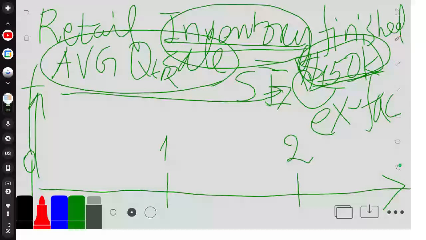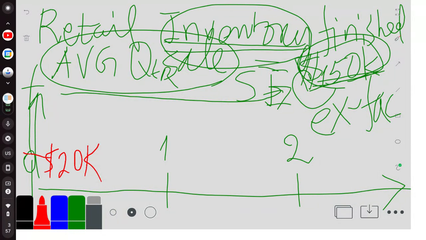So let's say at the beginning of this quarter, you have some merchandise already there. Let's say that is 20K. Some merchandise is already there. In other words, some inventory is already there. And what is that called?